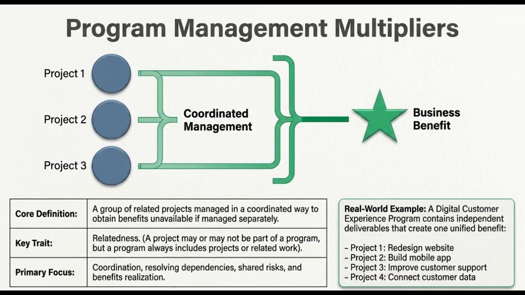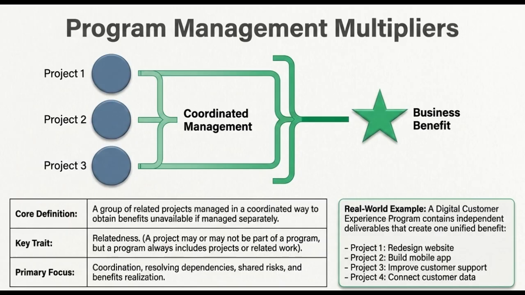A program is a group of related projects that are managed in a coordinated way to obtain benefits that would not be available if those projects were managed separately. The key word here is related. For example, imagine a company wants to improve its digital customer experience. This may include several projects.